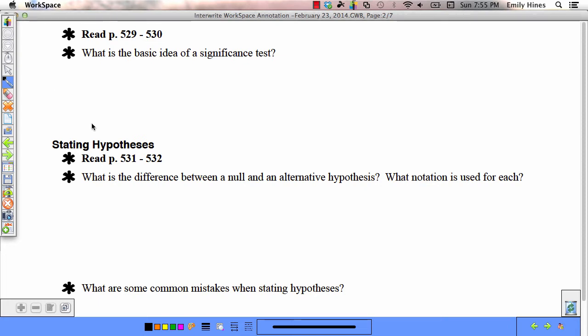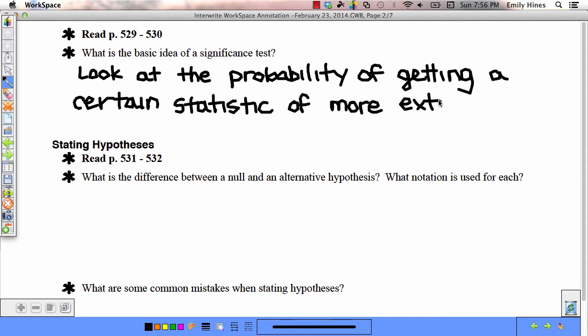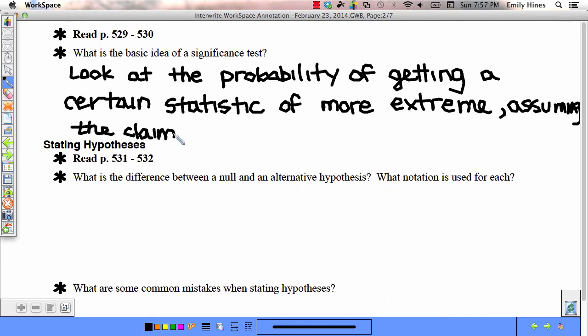Okay, so what is the basic idea behind a significance test? The basic idea is that I'm going to look at the probability of getting the value that I have as a sample statistic, or something more extreme. And I'm going to do that assuming the claim is true.